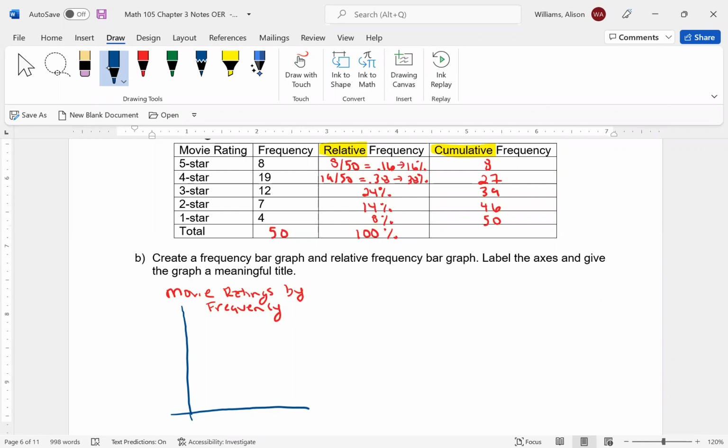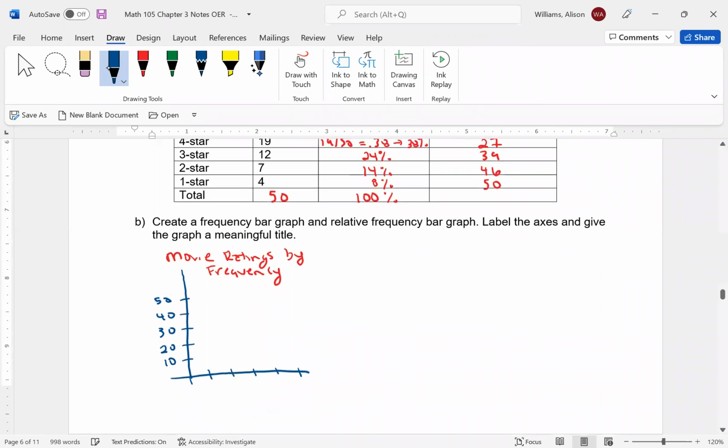Okay, so we have 5 categories. So I'm going to label those. This is the 5-star, or sorry, I'll probably go, no, I'll go from 5 to 4. So 5, 4, 3, 2, 1. And then this will be 10, 20, 30, 40, 50. Okay, let me label this. And this is 5, 4, 3, 2, 1.